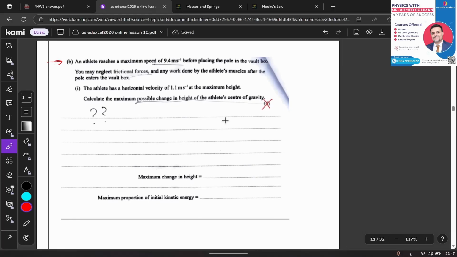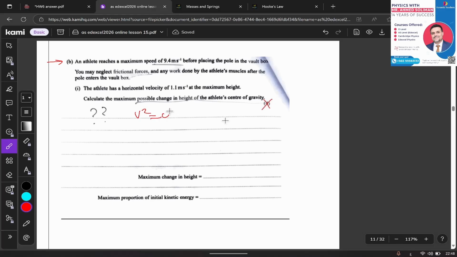Mirola, what do you think? Can you solve this part? Can I use v squared equals u squared plus 2as?